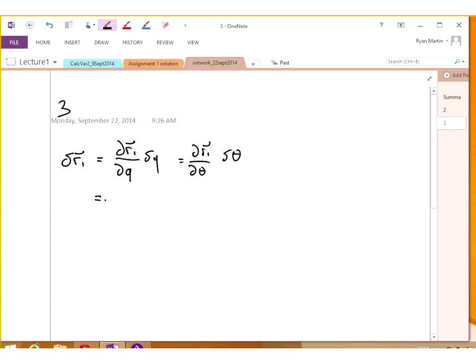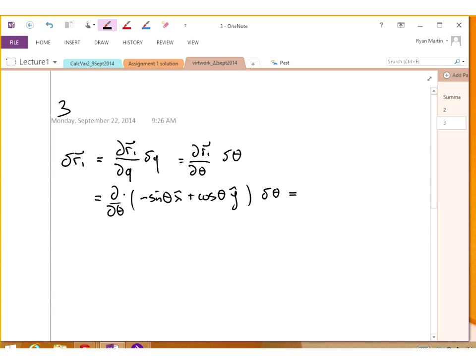So if we look at our equation for R1, that's d by d theta of R1, which we said was minus sine theta x hat plus cos theta y hat. And so taking that derivative, we get that delta R1 is equal to the derivative of minus sine theta, which is minus cos theta.